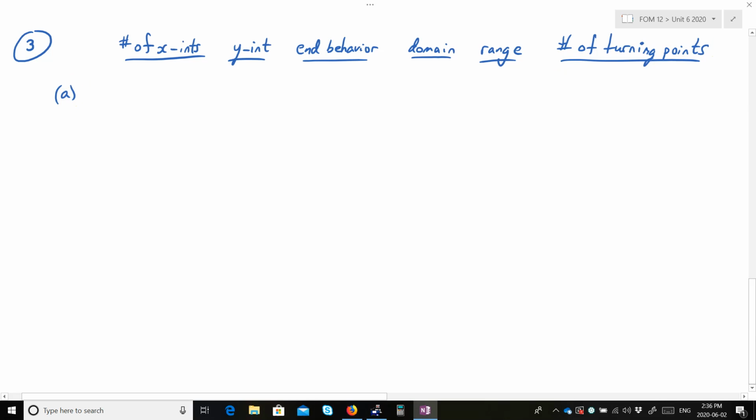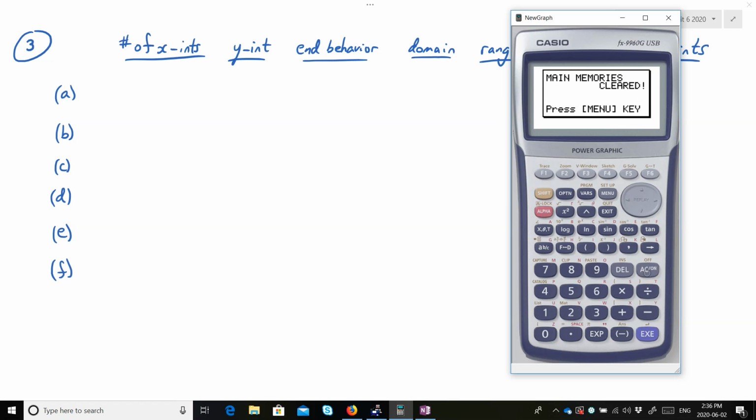Okay, and we're going to do this for A, B, C, D, E, and F. It wants us to use technology to do this, so let's get out our graphing calculator, go to graph, and the first one is f of x equals 3x minus 1, so it's y equals 3x minus 1, and if we graph that, there we go.